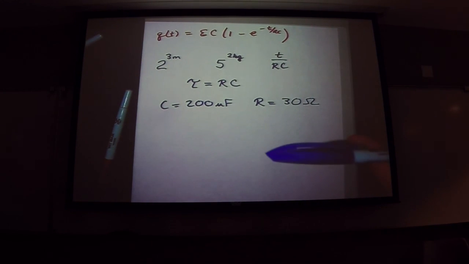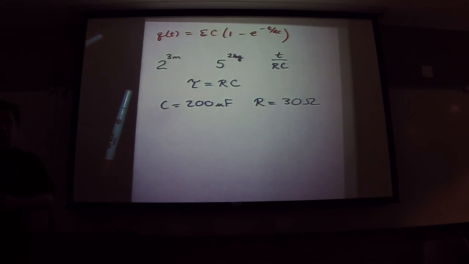So 1 second is like hundreds of time constants. 1 second is a long time. You throw the switch closed, that thing's pretty much charged up. It would probably be charged up before you could even react to flip it back open again and stop it.